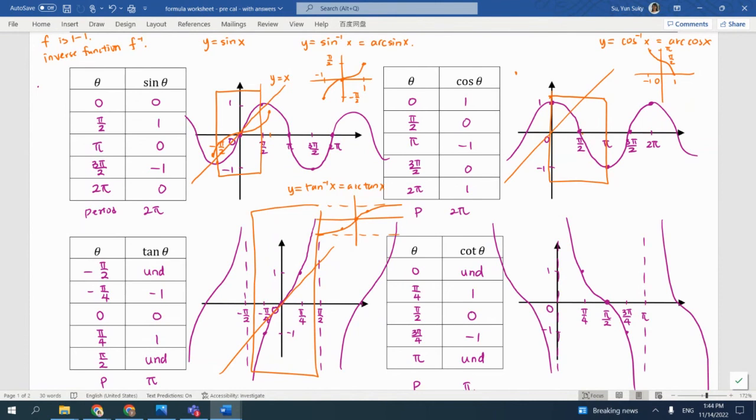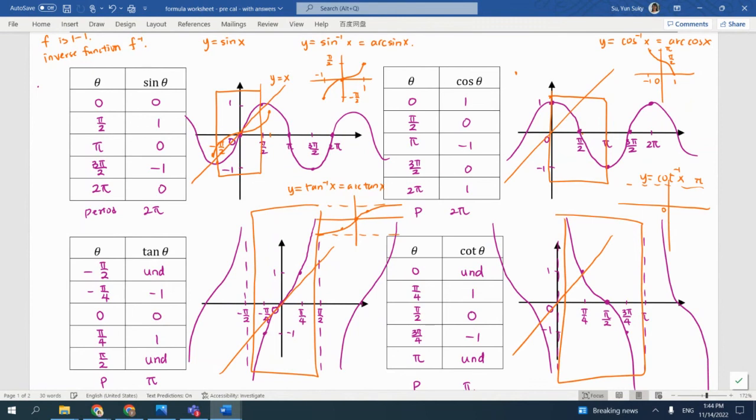Yes. How about the graph of arccotangent? Well, you restrict to 0 to pi. So you flip across the line y equals x.